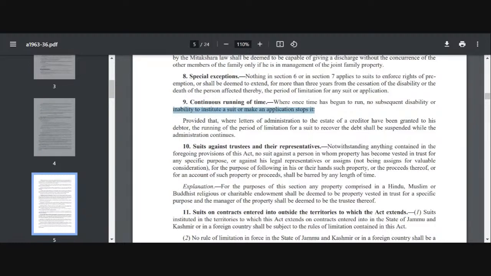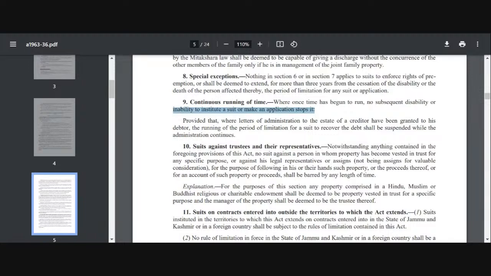So though it is continuous running of time, if letter of administration is given to the debtor, then time will be suspended while the administration continues, right? So this is one of the exceptions.